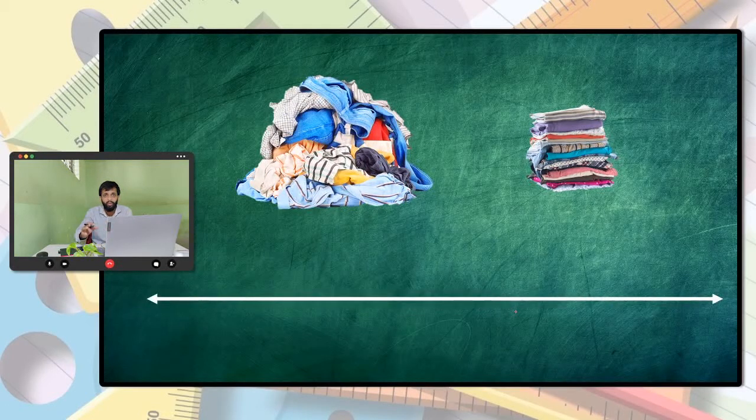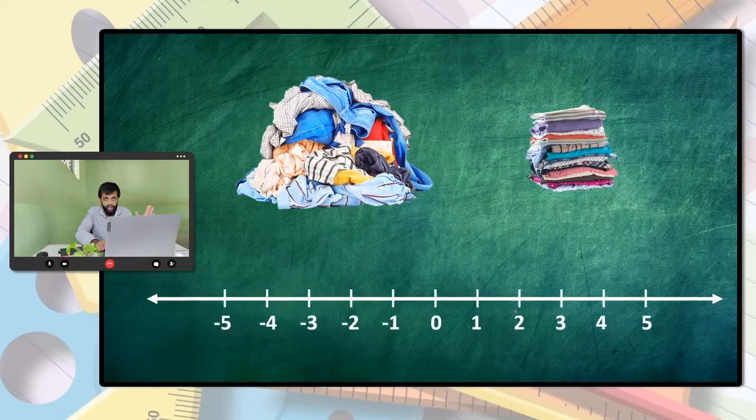The number line would look something like this, which you can see on the screen. We start from the left with the negative numbers, then we move to 0, and then we have all the positive numbers. So here we have -5, -4, -3, -2, -1, 0, and 1, 2, 3, 4, 5, and so on. But the integers are not just this many, right?